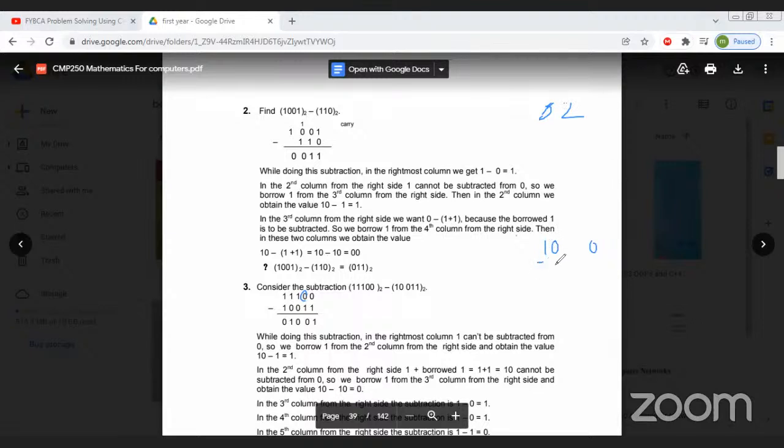Similarly, 10 minus 1 over here. So the value becomes 1 at this moment. If I'm shifting this towards this side, then 10 comes in between. Understood? When you solve it on your own, you will understand it.